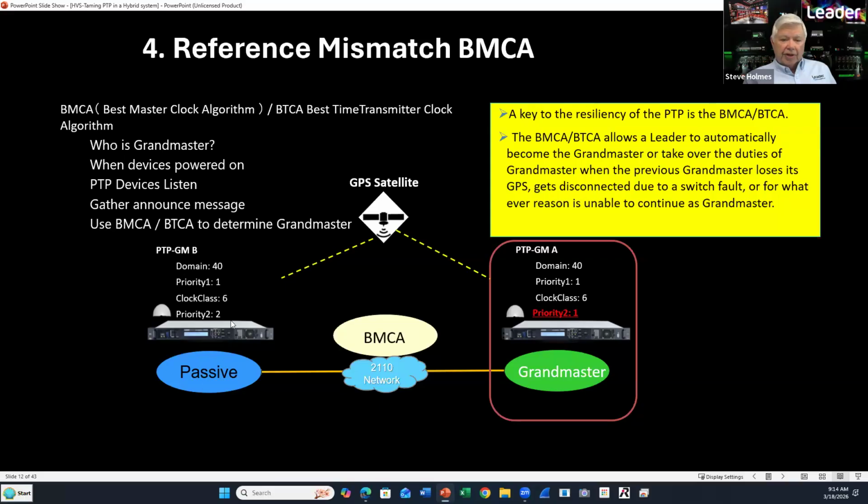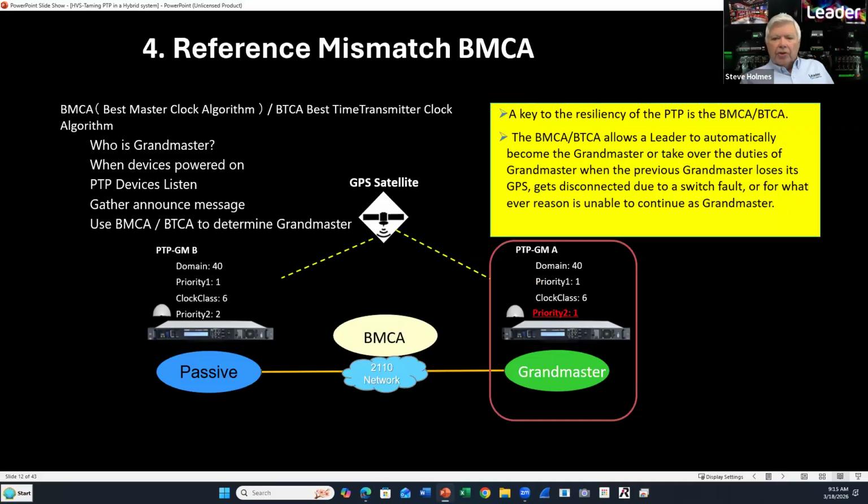And this unit will be running, but it will be passive as far as the PTP is concerned. And the grandmaster over on the right-hand side here will take over, because his priority two is lower than this one's priority two. Priority one has to be the same.